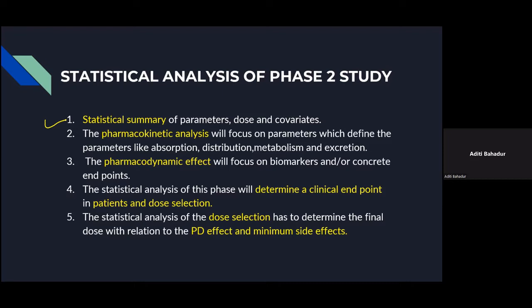So covariates such as the weight, height, and other comorbidities variables of patients, which will be very different from healthy subjects, as mentioned.